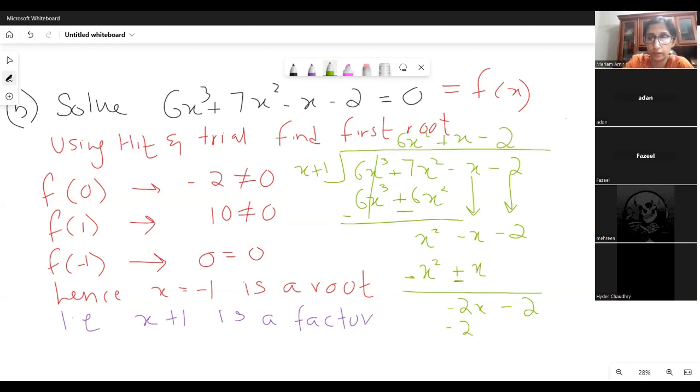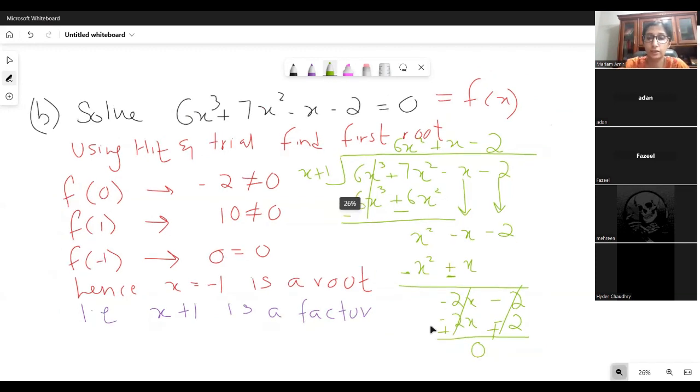So minus 2x minus 2. When we change the sign, we get a plus here, a plus here. Both of these eliminate and give us 0 as remainder. That means we haven't made any mistake in our working, because since x plus 1 was a factor of the expression it was dividing, the remainder must have been 0, and it is 0.